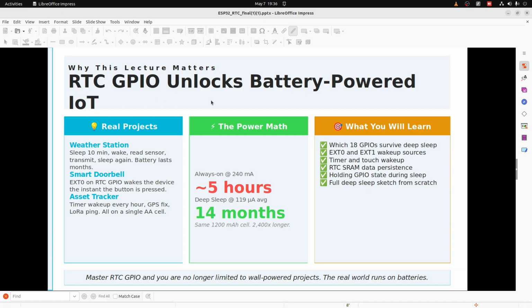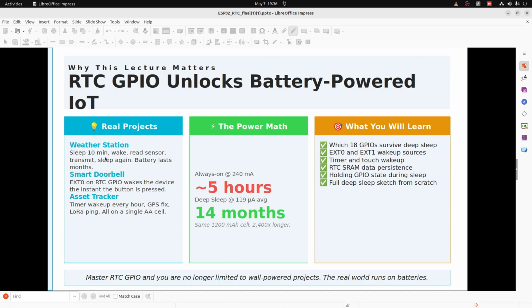RTC GPIO unlock battery powered IoT. Before we dive into the technical stuff, I want to spend just a minute on why this matters, because I think it will completely change how you look at the ESP32. Look at the three columns on this slide. The first column is real-world projects.